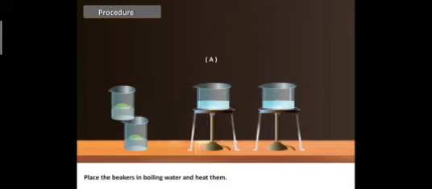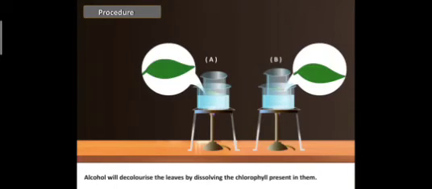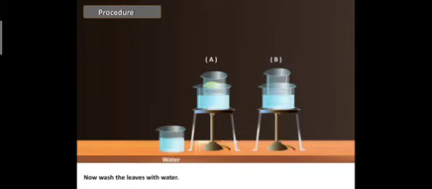Place the beaker in boiling water and heat them. Alcohol will decolorize the leaves by dissolving the chlorophyll present in them. Now wash the leaves with water.